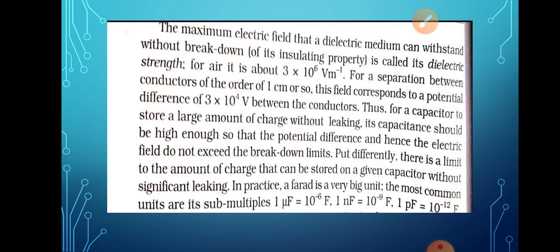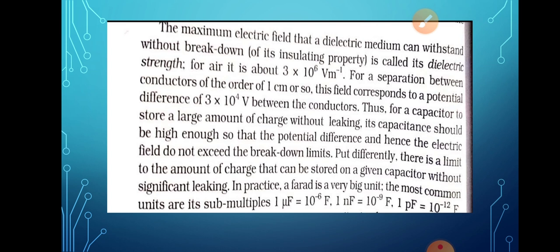Now next is dielectric strength. It is the maximum electric field that a dielectric medium can withstand without breakdown, and that field is 3 × 10 to the power 6 volt per meter.